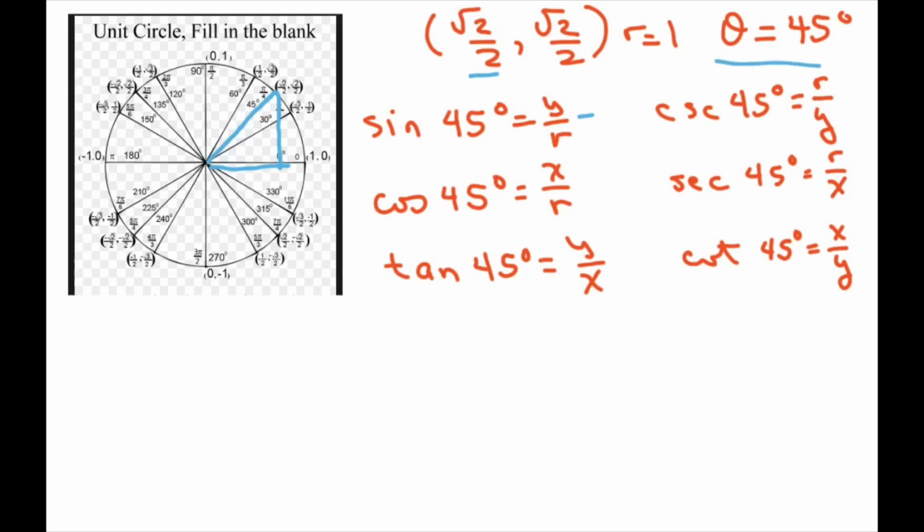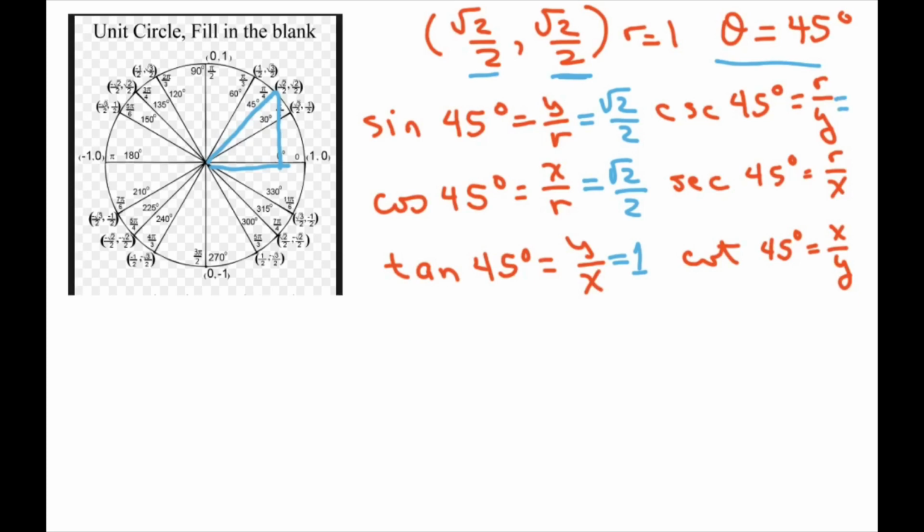So my y is square root of 2 over 2. You divide that by 1 and you just get square root of 2 over 2. Same thing for cosine, it's the same value. And when you divide these two, since they're the same, you get 1. So y over x.